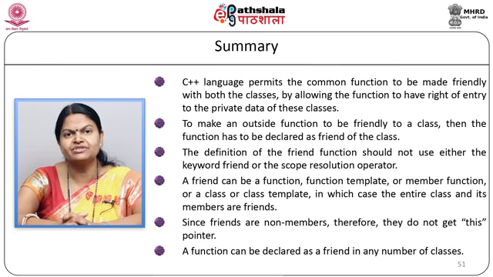At the time of definition of a friend function, the friend keyword is not used. A friend function can be a normal function, a function template, a member function, a class, or a class template. Because a friend function is a non-member function, it does not have the this pointer. A friend can be a friend of any number of classes.